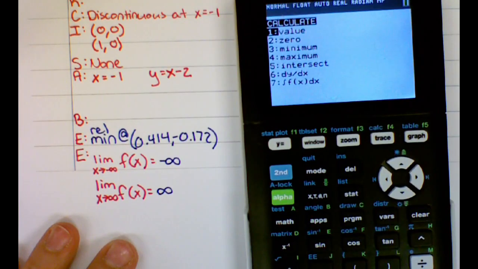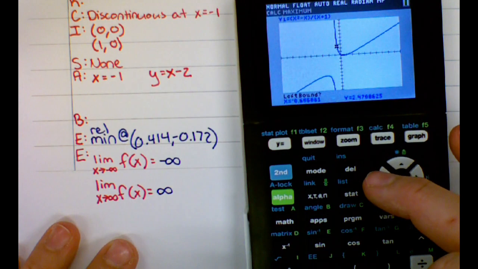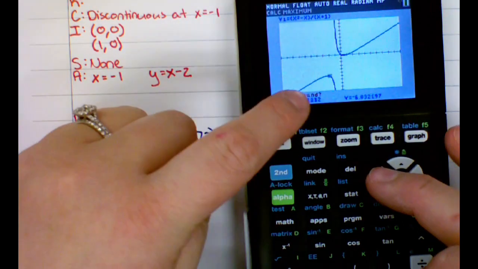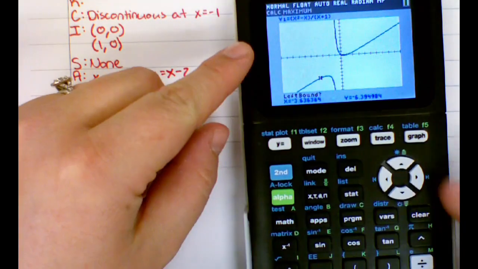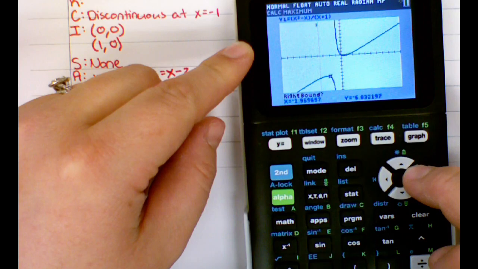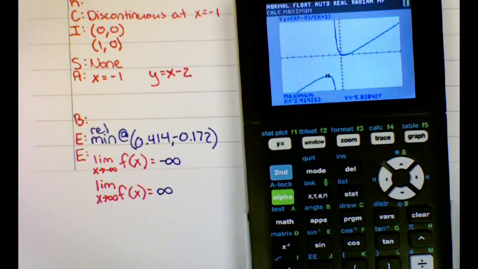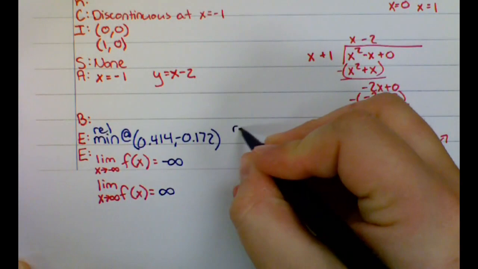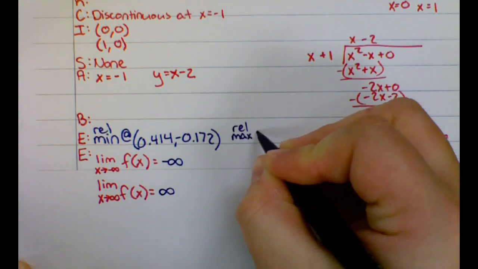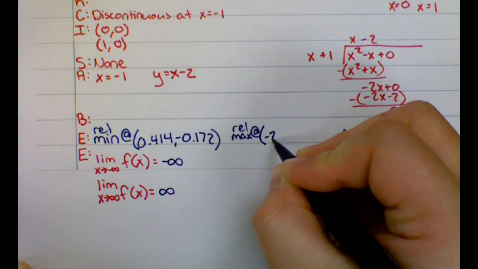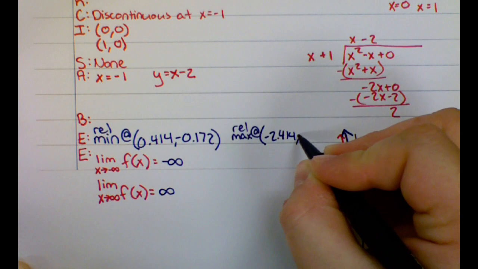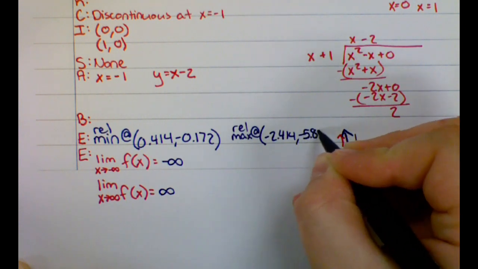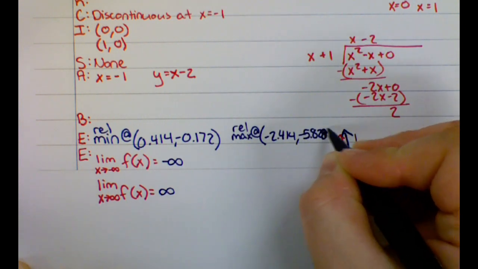This time choose number 4. I have to push the over arrow until I jump down to this other piece of the graph. Get on the left side. Get on the right side. Guess. Again, not nice numbers, but we have a relative max at negative 2.414, negative 5.828.